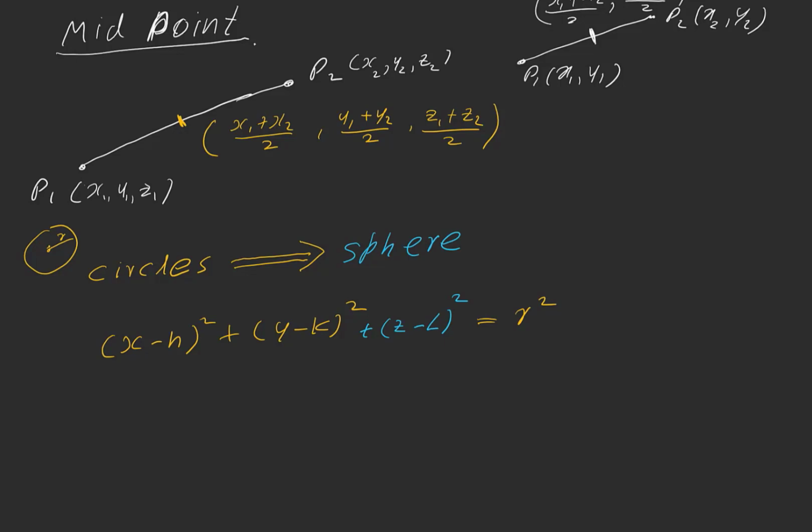It means what is the center of this then? Center is h, k, l. Center of the sphere. So what is the radius of the sphere? Here is the same, which is r. Okay, so this is the equation of the sphere.